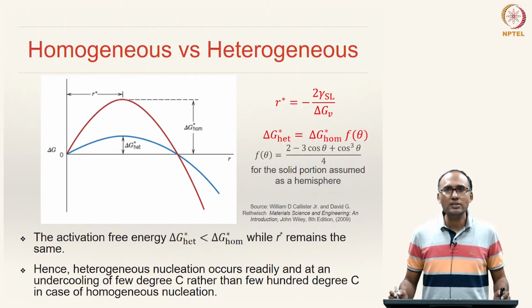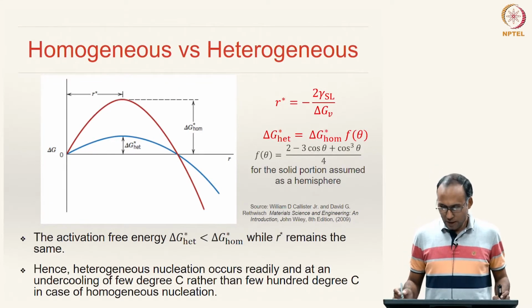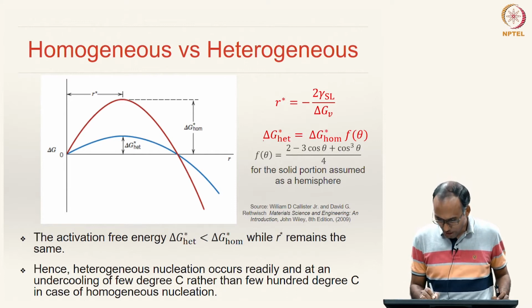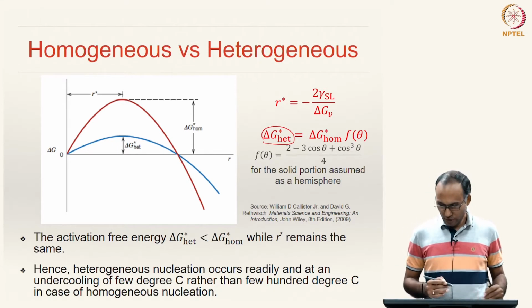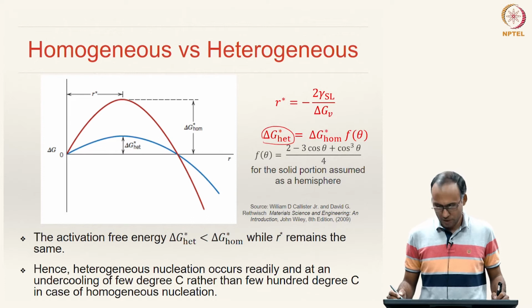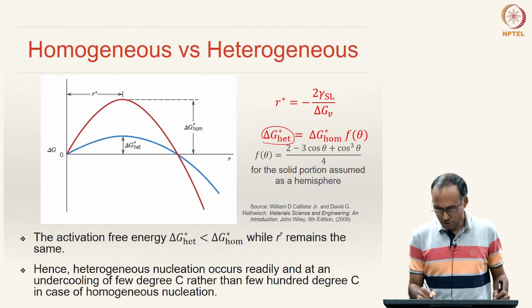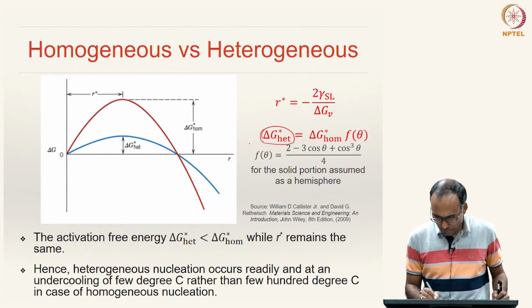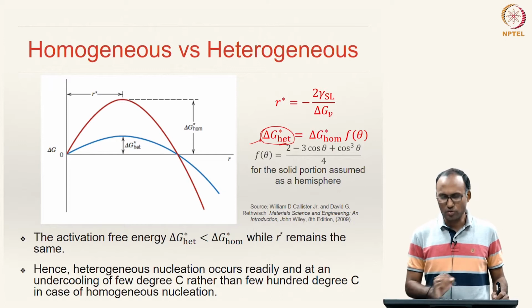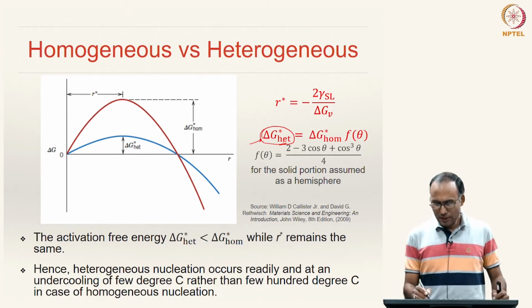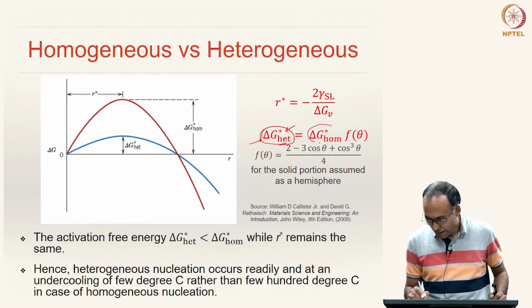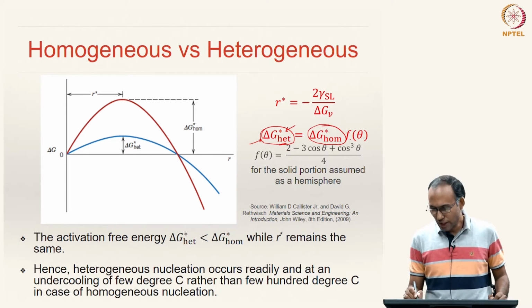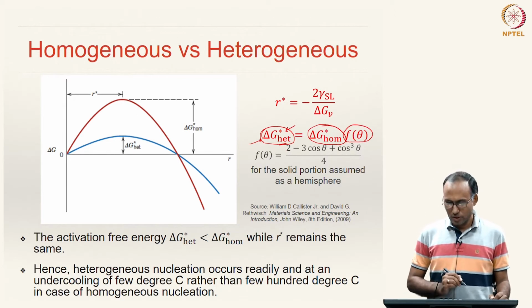However, we are not going through that derivation of how one would obtain the delta G star for heterogeneous nucleation. If you are interested, I encourage you to go through the textbook of Reed Hill on physical metallurgy. There you have the derivation for finding the delta G star for heterogeneous nucleation, and you will see that the activation energy for heterogeneous nucleation is related to the activation energy for homogeneous nucleation times some function of theta, right.